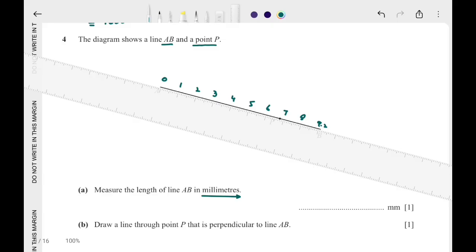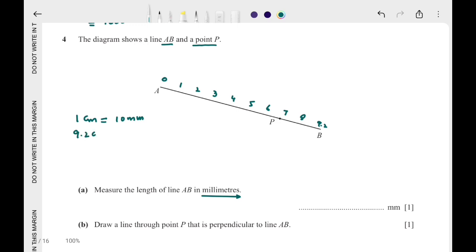Now we know that 1 centimeter is equal to 10 millimeters. So 9.2 centimeters will be how many millimeters? So we have to cross multiply. X times 1 is equal to 10 times 9.2. So remove the decimal, 0 will remove by 0. 92 would be the answer. It is in millimeter.